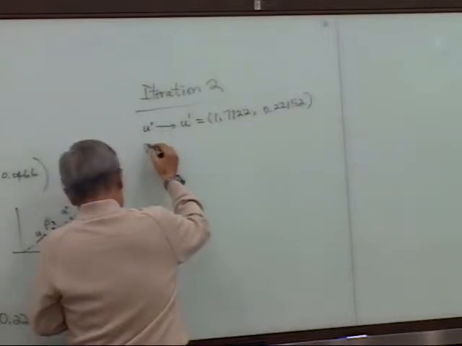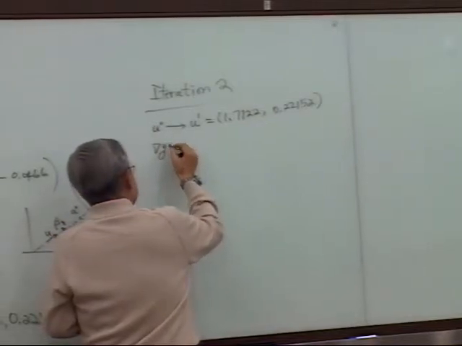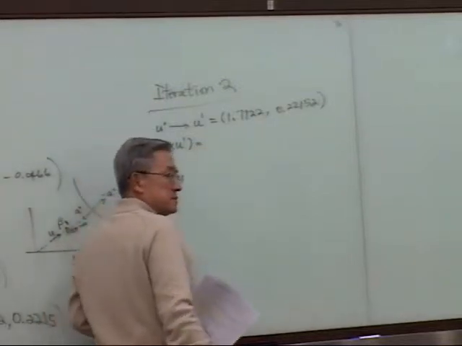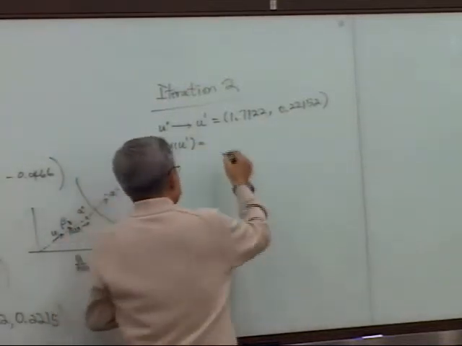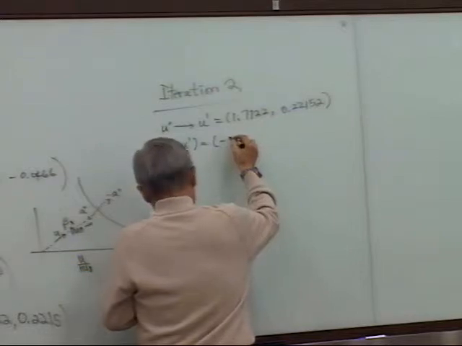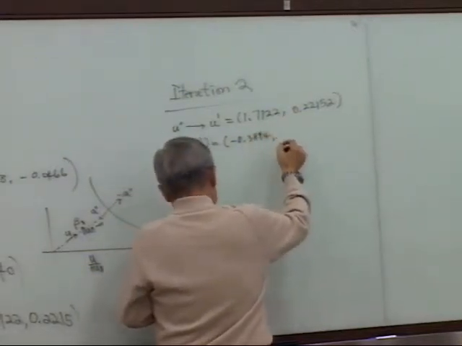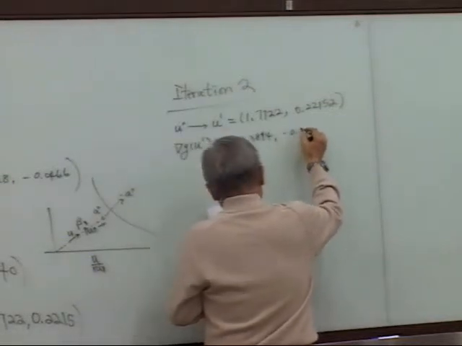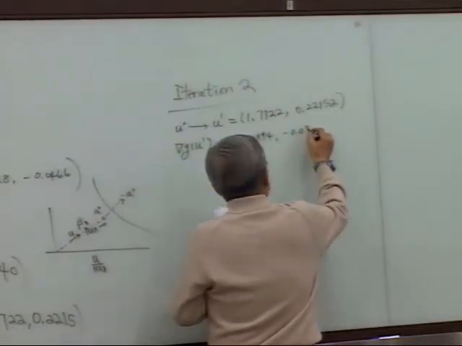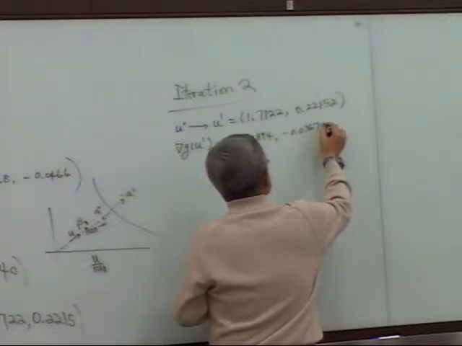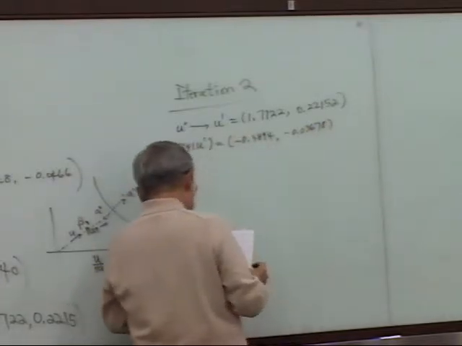Then delta G, now the first iteration value, minus 0.3894, minus 0.3678.